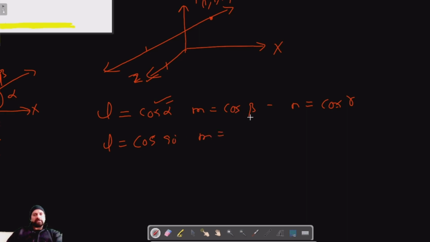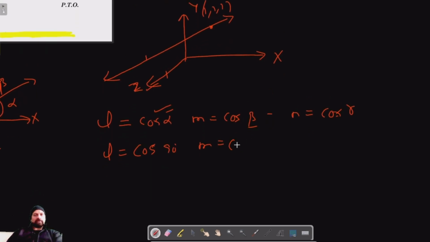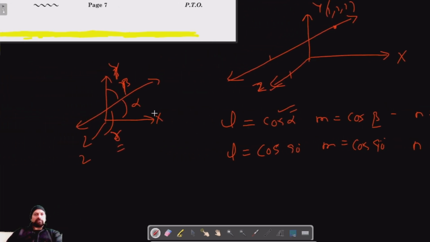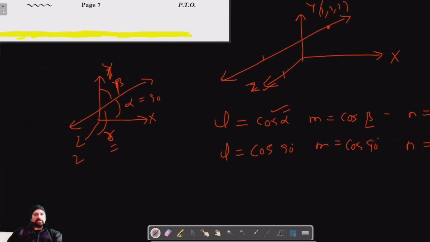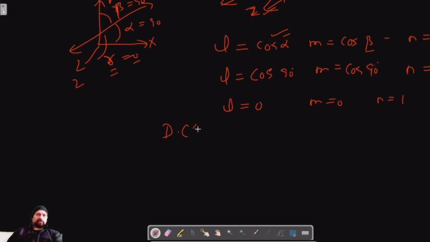Beta is the angle with the y-axis, so it's also perpendicular, so M is cos 90. It's parallel to the z-axis, so the angle with that axis is 0, that means gamma is 0. So alpha is 90, beta is 90, and gamma is 0, so we have got the direction cosines L, M, and N: 0, 0, and 1.